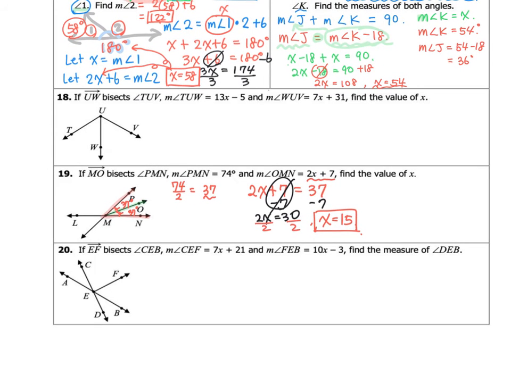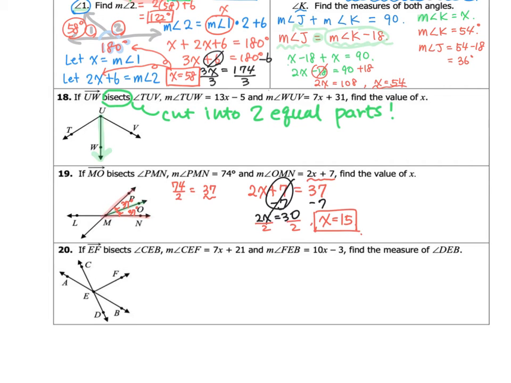So number 18, if the ray UW, where is UW? Right here, UW bisects. What does bisect mean, guys? Bisect, it's a cut into two equal parts, right? Bisect angle TUW.